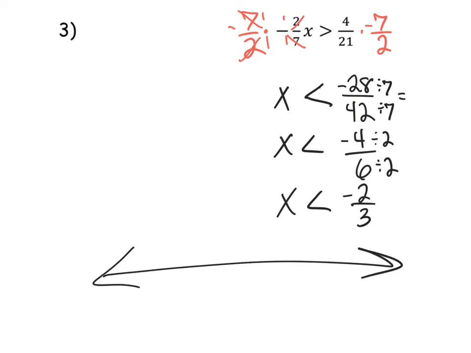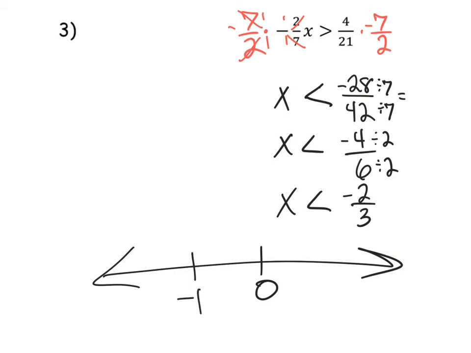Okay. Graphing 2/3 though. My goodness. I make a 0. What other number could I write on my number line so that I would know where to put 2/3? Negative 1. Love it. Okay. So here we go.